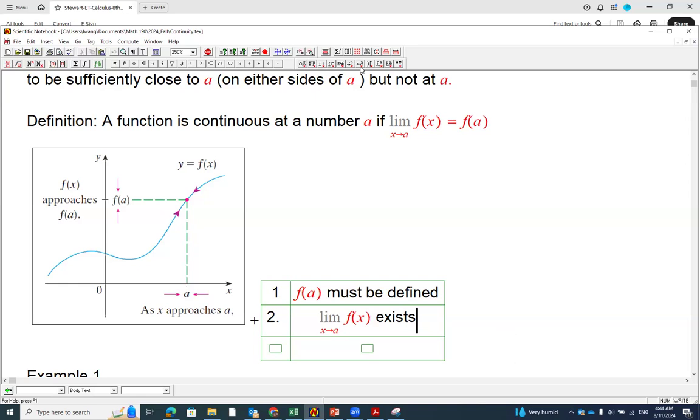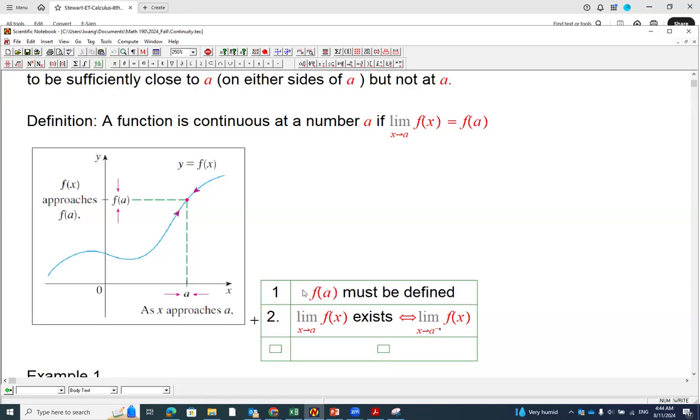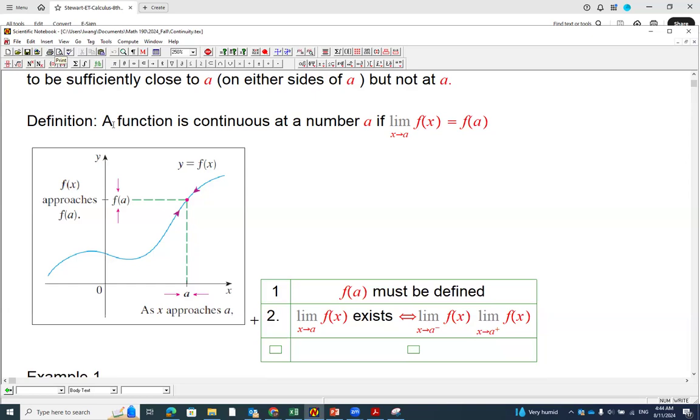So that requirement also implies the limit from the left of A and the limit from the right both exist and they're equal.